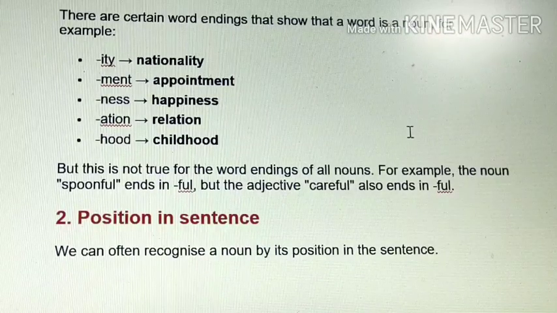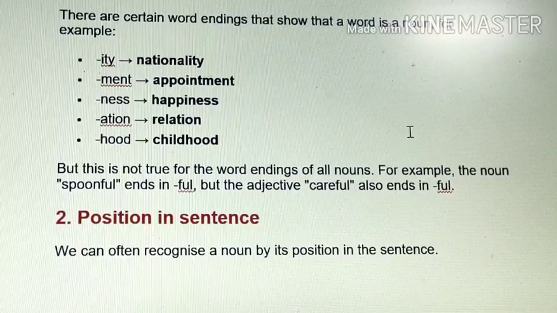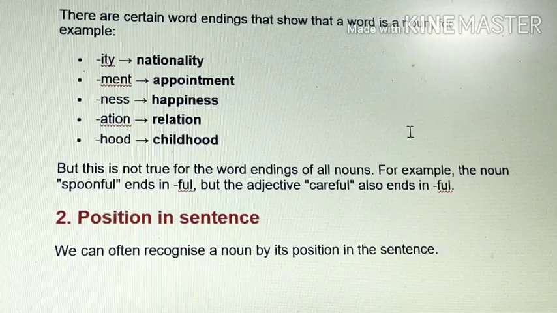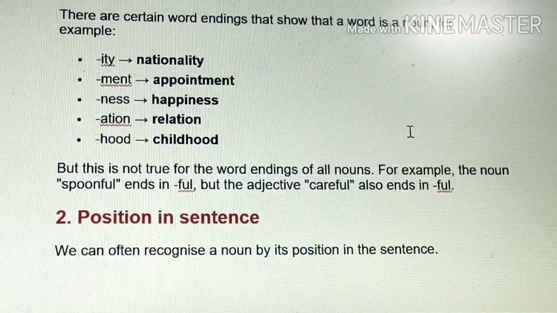For example, ITY, like nationality; MENT, appointment; NESS, suppose happiness; ATION, so you can write relation; HOOD, so you can use childhood.